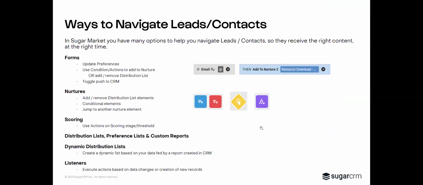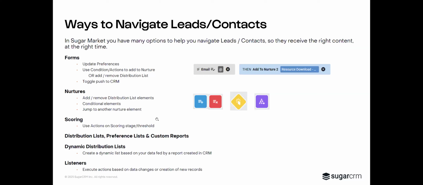We can use conditions and actions to trigger people into a nurture sequence, or we can simply add and remove people from a distribution list and decide whether we want to push that information into our CRM if we have one connected. We'll look at these conditions on the form and how we can use the form as a mechanism to get people into our drip campaigns and move them through the process.